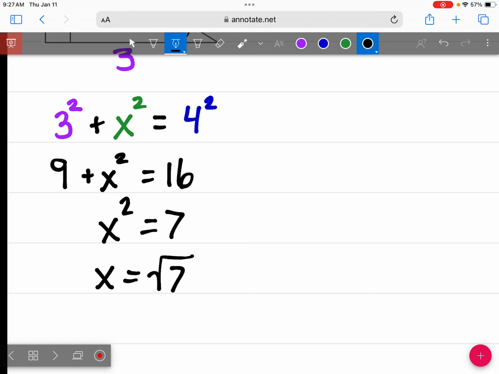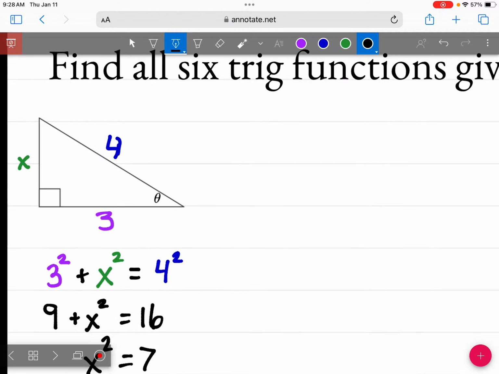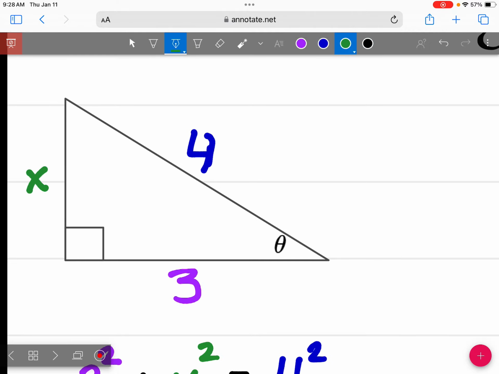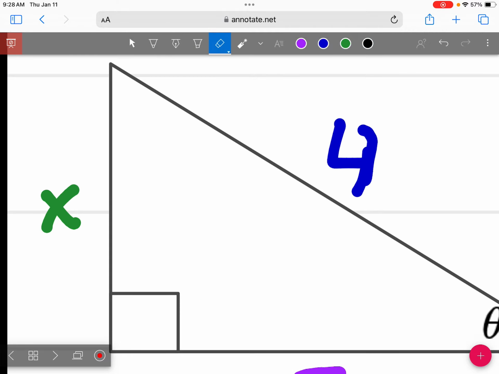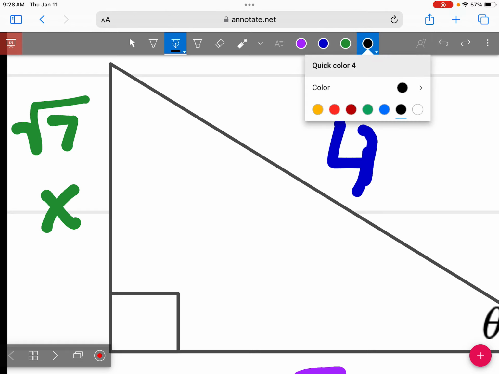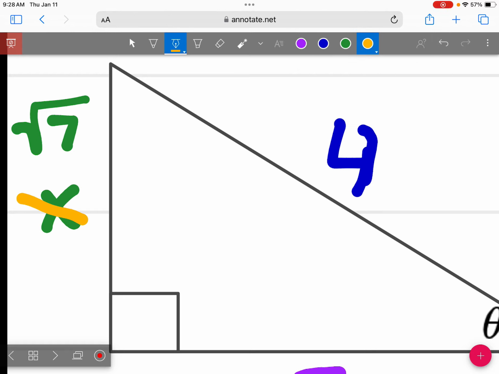Square root of 7. And we're going to leave it as square root of 7, not get a decimal for it. So I can come up here and instead of the x, I can write square root of 7. I'm just going to cross out the x, not with purple though, just so it's still there for people who are looking at the notes without watching the video.